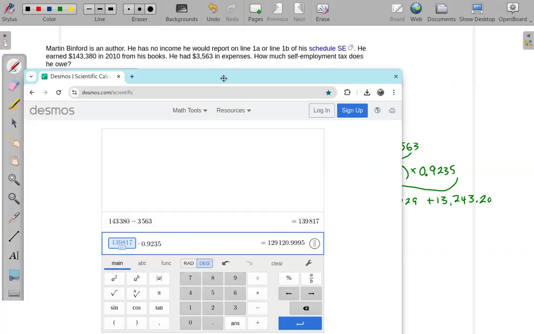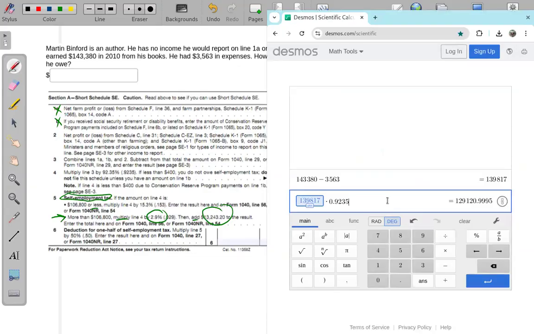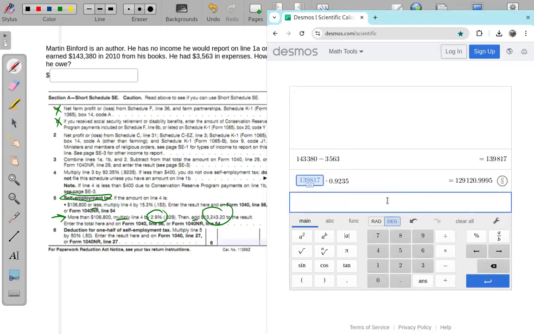All right, so that number above, I'm just going to rewrite it as 129,121, because those fractions of a cent take us up a whole dollar and no cents.